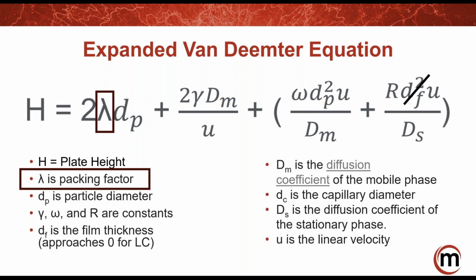And so if you can minimize that packing factor, you can drive that height equivalent to a theoretical plate lower, so I can fit more plates in there. And then if you look at the original term, where it was length divided by height equivalent to a theoretical plate, you're left with a very big efficiency gain.